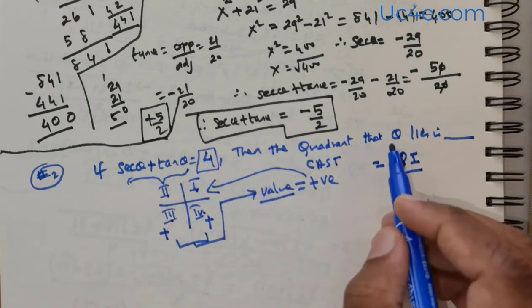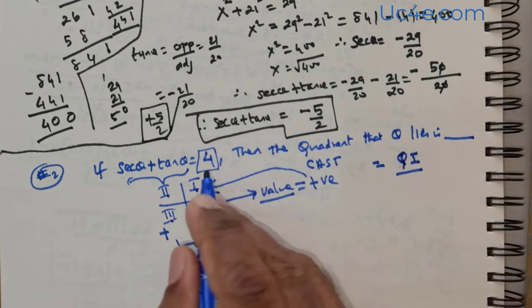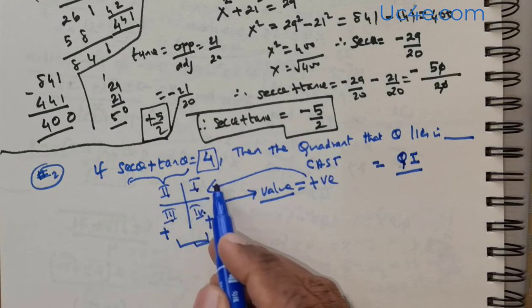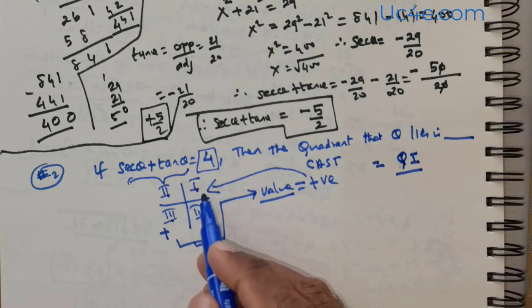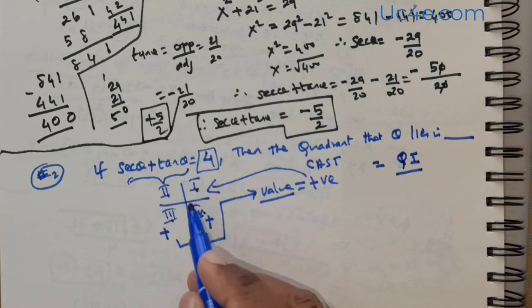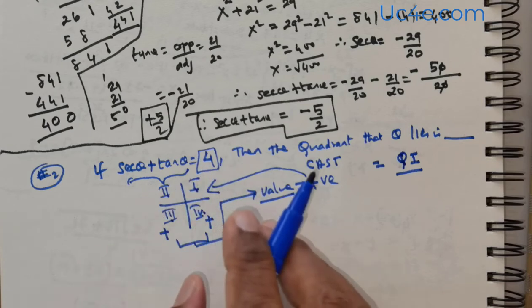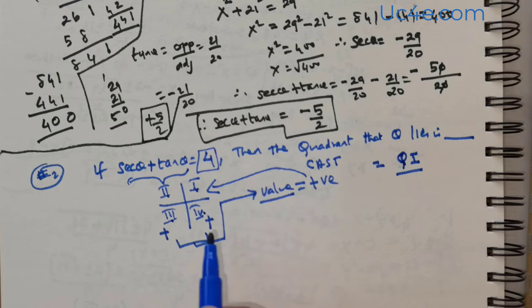So the outcome being equal to the ratios that are producing a positive value, for that to occur, theta should be in quadrant 1. So I mentioned that. That completes the solution to this question.